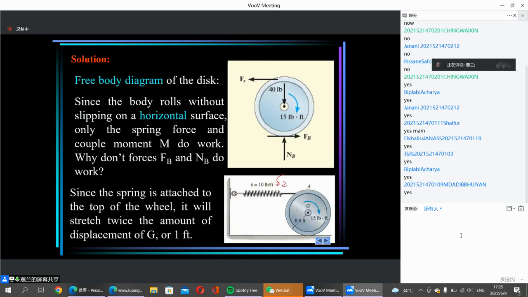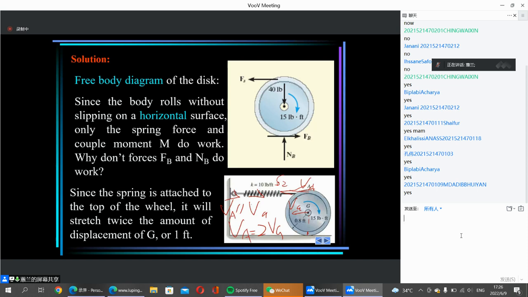Because here this is Vg and VA. Again, because this is the contact point, at any moment, VA is always parallel to Vg, also horizontal, and VA is double Vg, right?